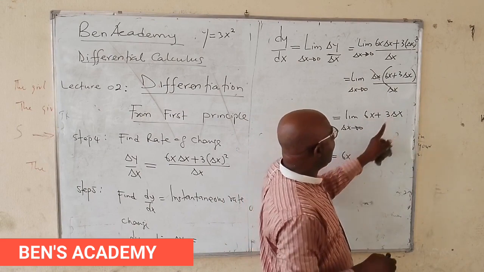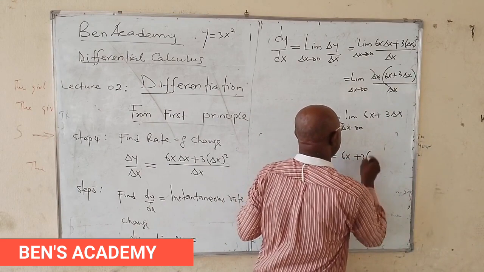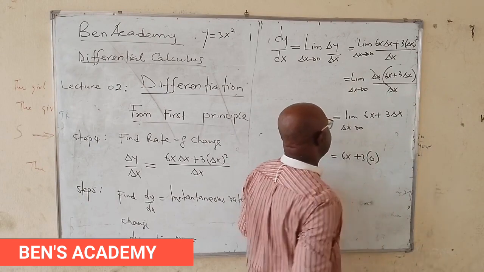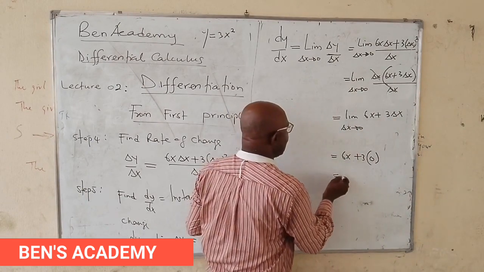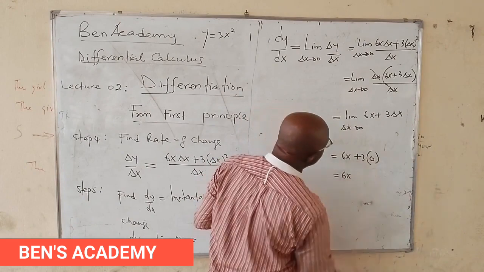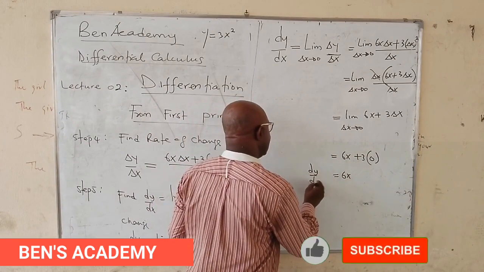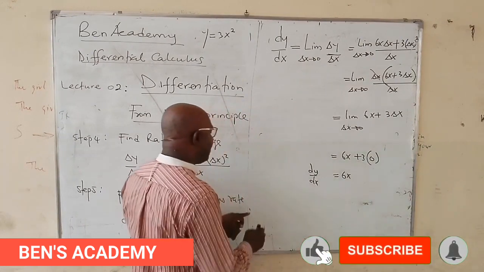So I come here, I see 3 into change in x. Change in x is what? 0. So I have 0. This is equal to 6x, and 3 times 0 is equal to 0. And what I'm putting here is dy dx. So far, what have I done?